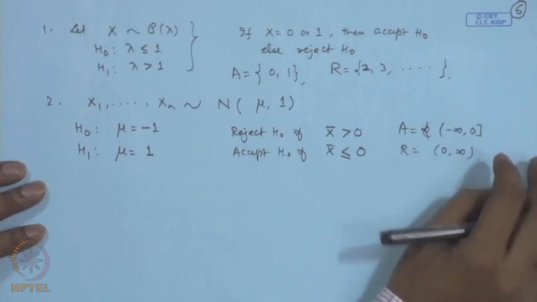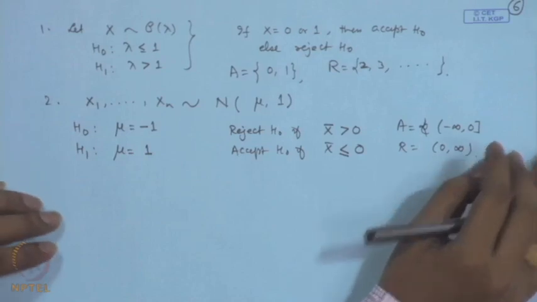Now, when we carry out a test of hypothesis, we are basically introducing a decision procedure, whether based on our sample we should accept the null hypothesis or reject it. Since our decision is based on the sample, there are possibilities of errors. That means we might have taken a correct decision.